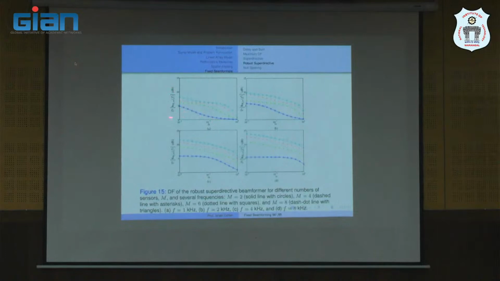So I can compute the directivity factor for that alpha and for that frequency. It will be lower than the maximum directivity factor that can be achieved. Because there is a trade-off between white noise gain and directivity factor. Okay? Any questions?